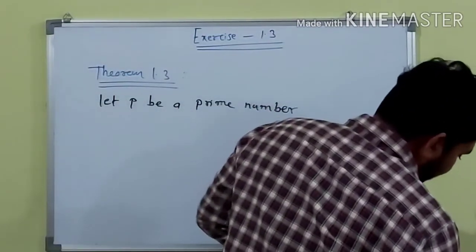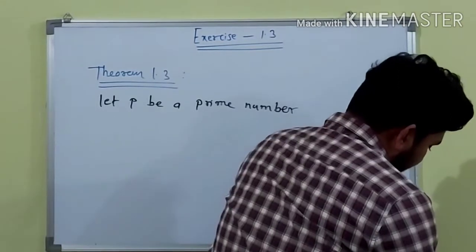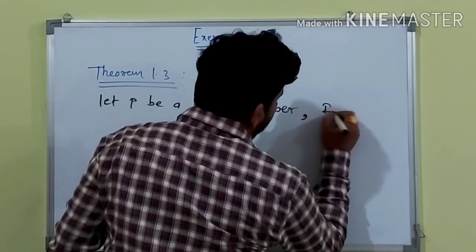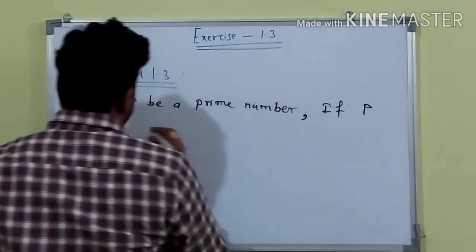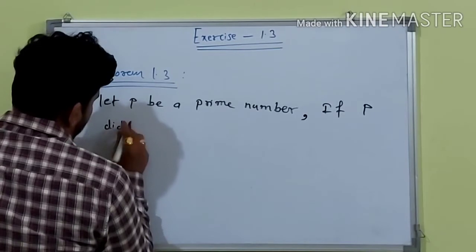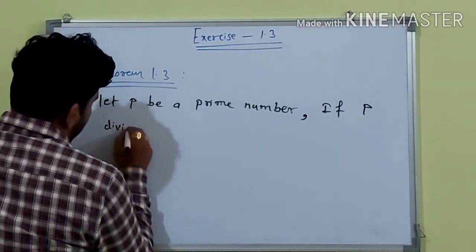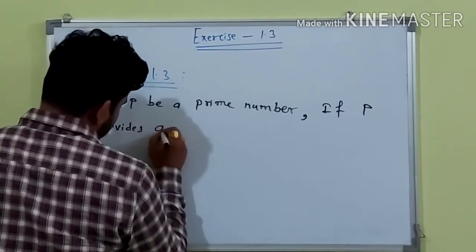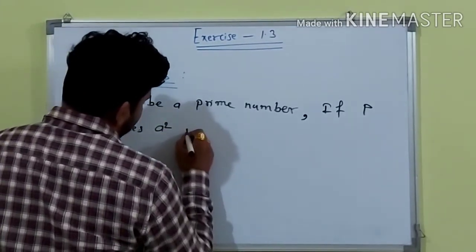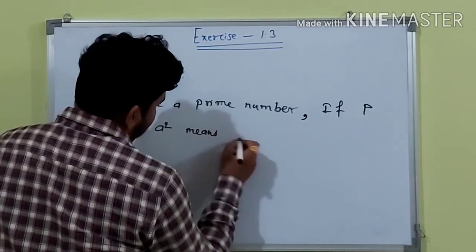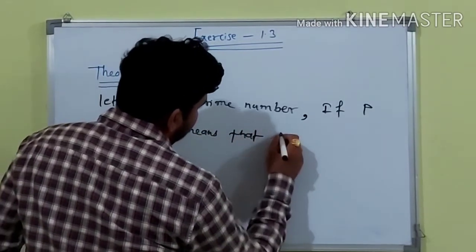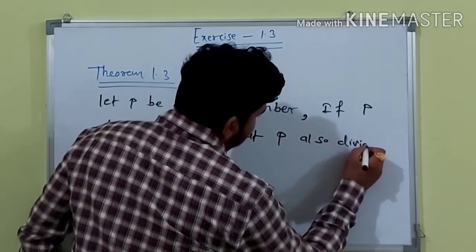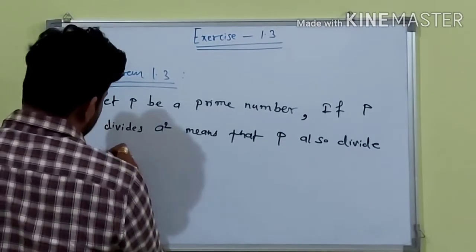Let P be a prime number. If P divides A square, it means that P also divides A.